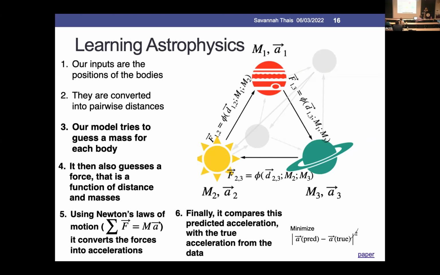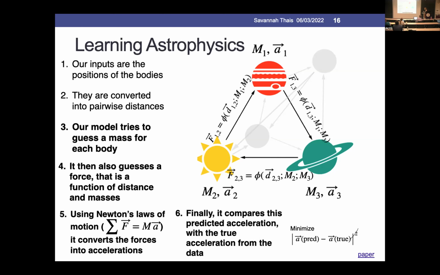And then you can enforce some physics inductive bias on this network by plugging that force prediction into Newton's law of motion to get accelerations, and then do a timewise step propagation using that acceleration to get new positions of the bodies in your graph. And then what you actually compare to train the network is the difference between the predicted and true acceleration.